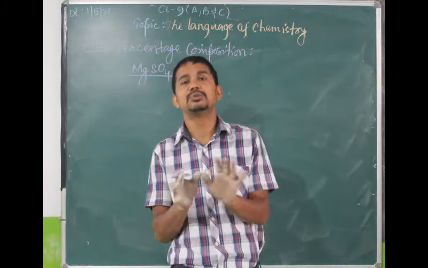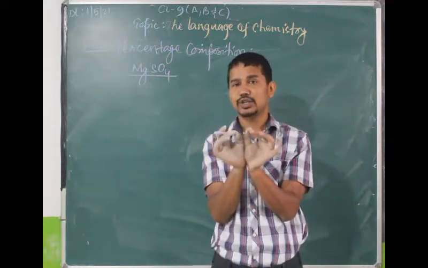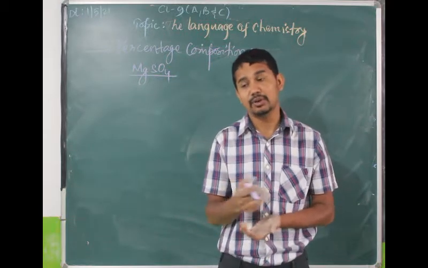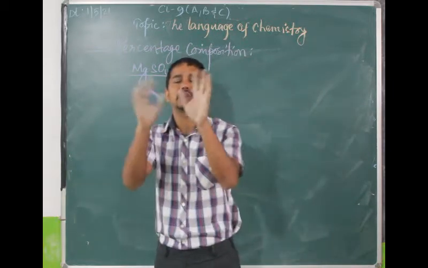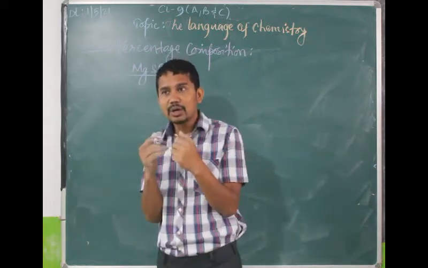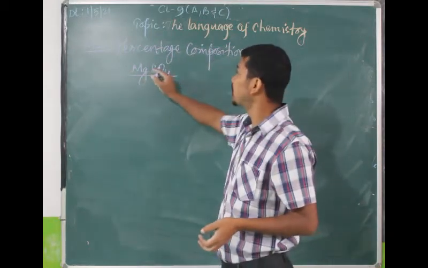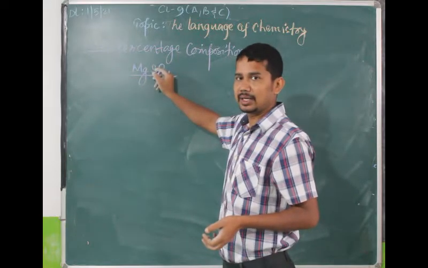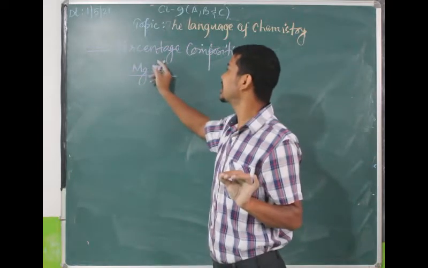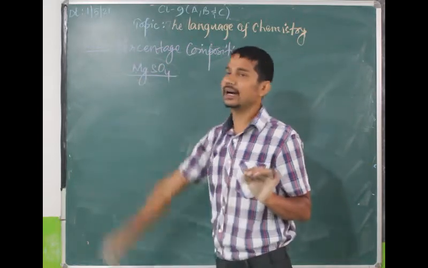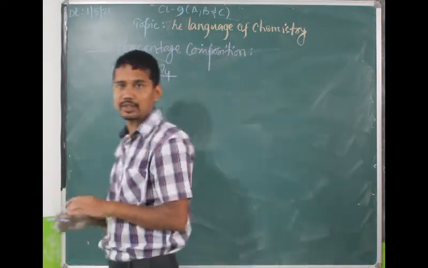How much you got out of that 100 is your percentage. That means either you got 60% or 40% or 30%. Similarly, what is the percentage of oxygen in this compound? Considering this as 100%, what percent is oxygen? That is its percentage composition.